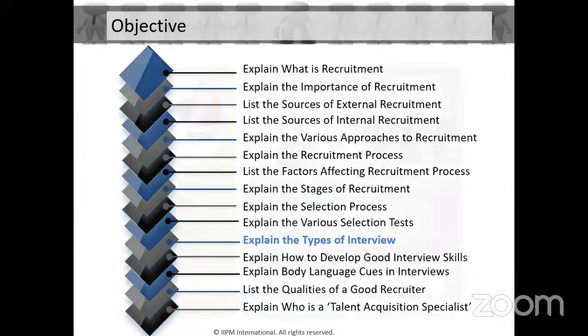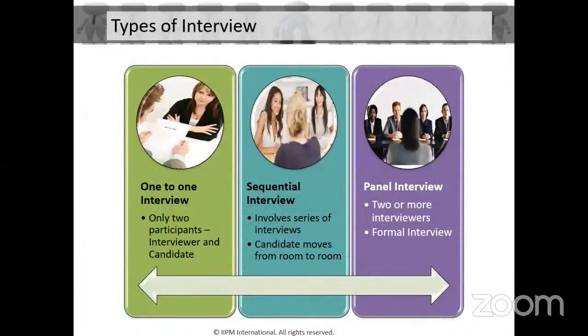Let's move on. Okay, so we're talking about types of interview. We have several types of interview, but for the sake of this particular course, we'll be looking at 3 of them: one-on-one interview, sequential interview, and panel interview.